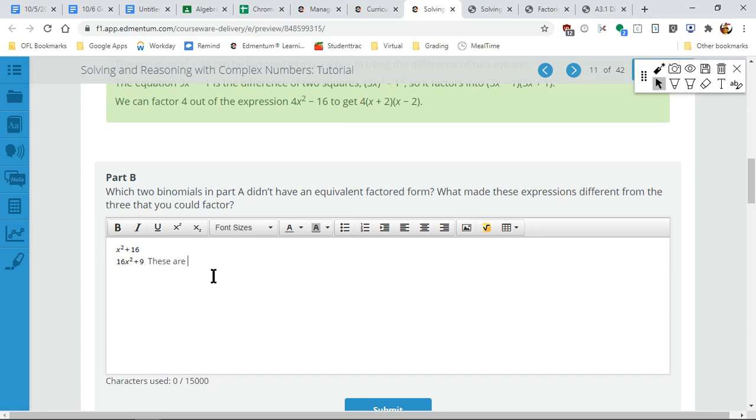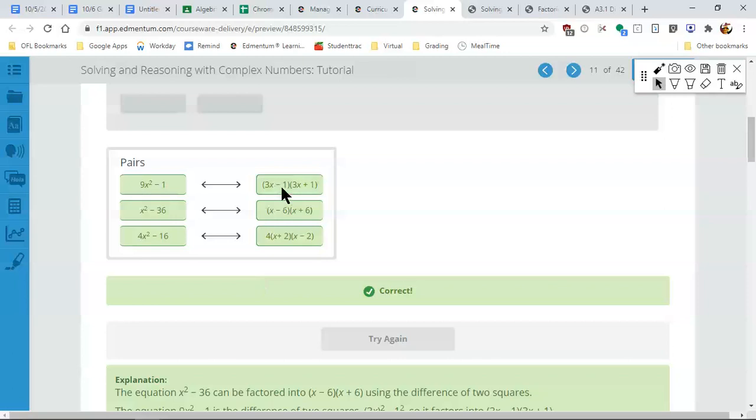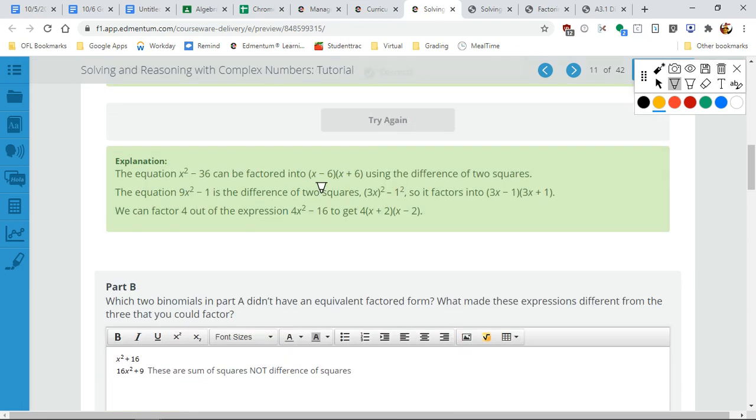These are sums of squares, not differences. Difference meaning subtraction, difference of squares. With the difference of squares, we're just changing that plus or minus. These are known as conjugates of each other. The idea is they're the same thing, just the middle number has a different sign.